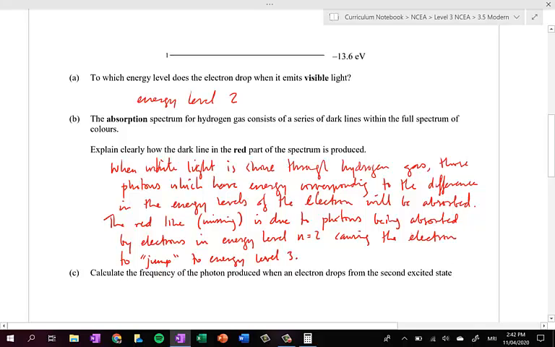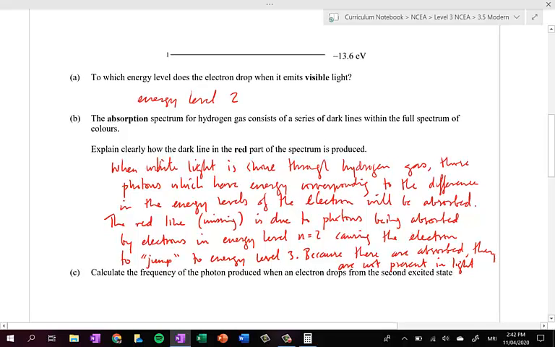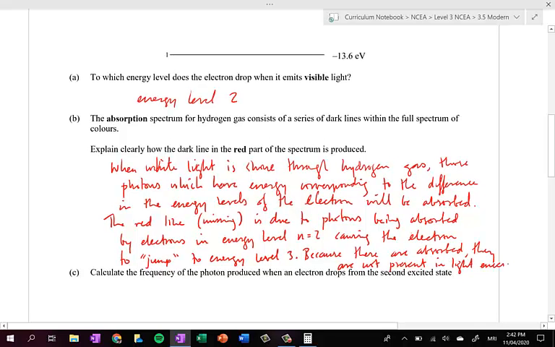So those are absorbed. Because these are absorbed, they are not present in light emerging from the gas.